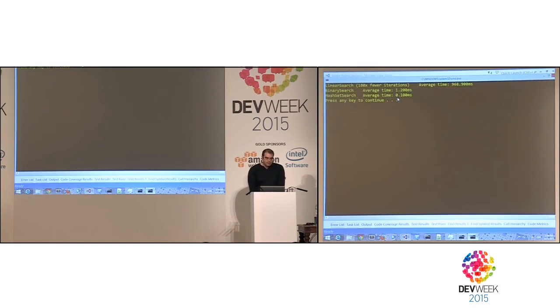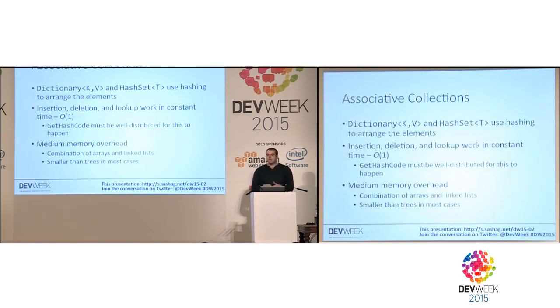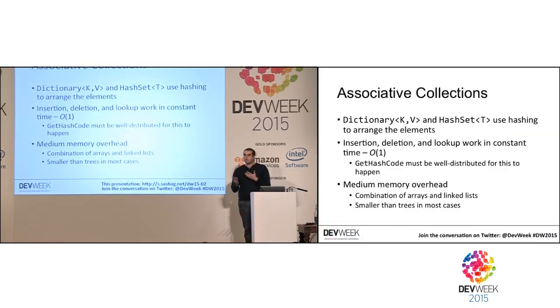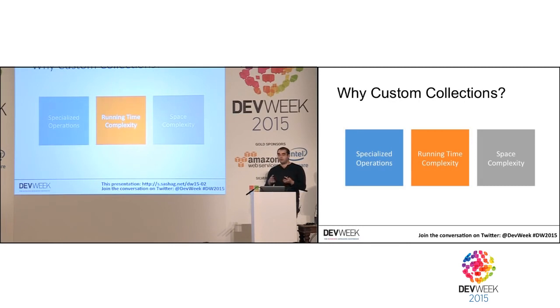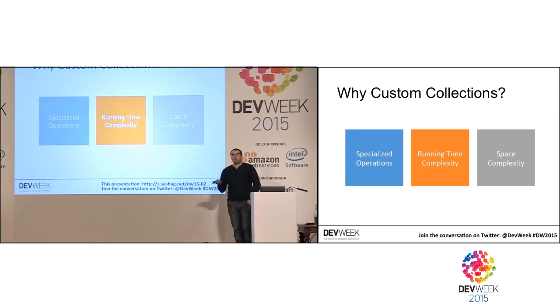And with that said, let's think about custom collections, situations in which there is no built-in collection that quite satisfies our requirements, and it's worthwhile for us to pursue a custom implementation. And why would we need a custom collection? For pretty much the same reasons we go with one collection or another. We might need specialized operations, which no built-in collection provides.